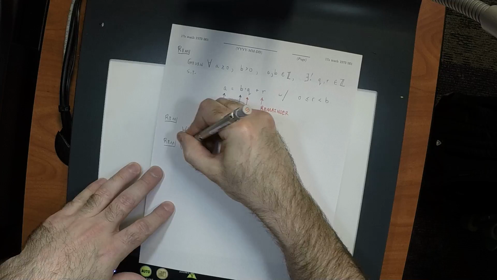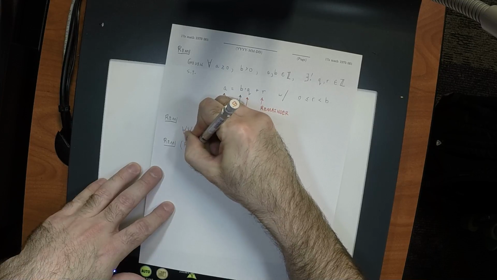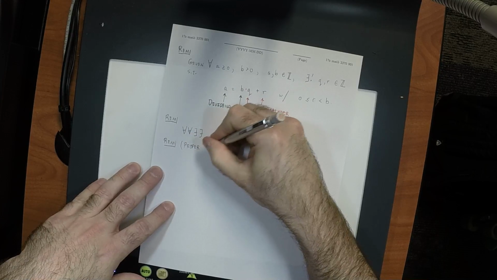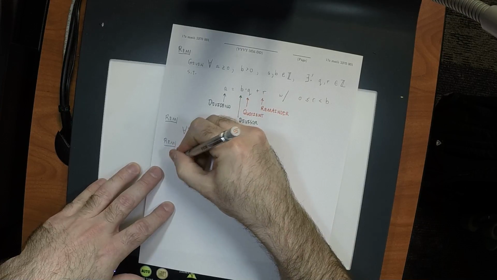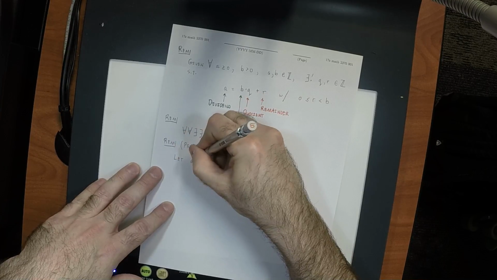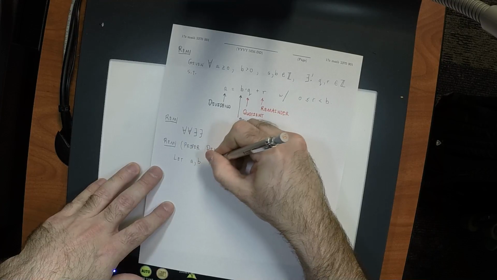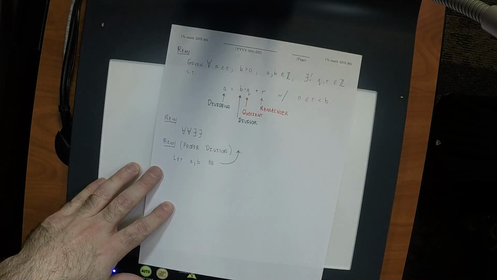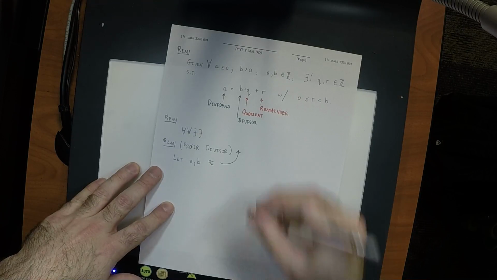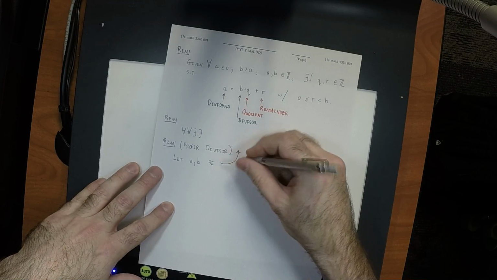This is the definition of a proper divisor. Let A and B be as above, and let Q and R also be as above.